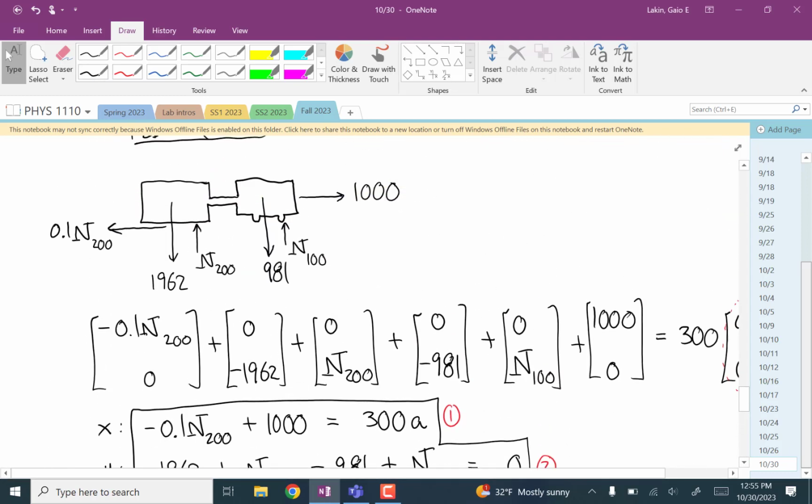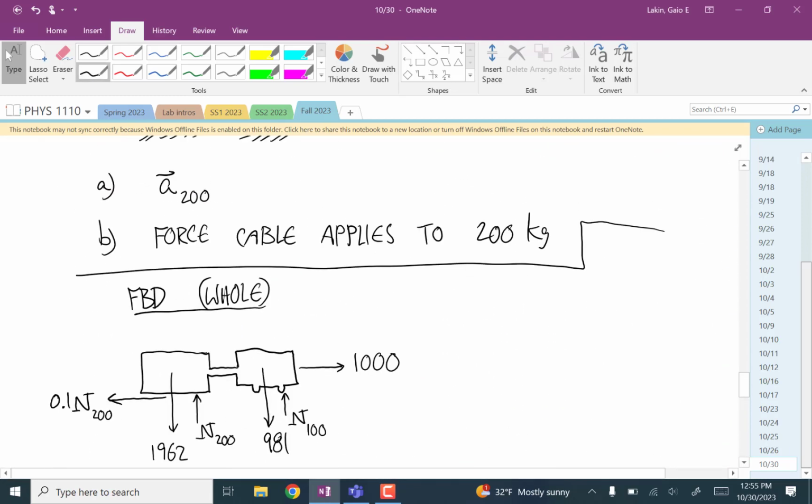But now that we have that, we're trying to figure out the force the cable applies to the 200.